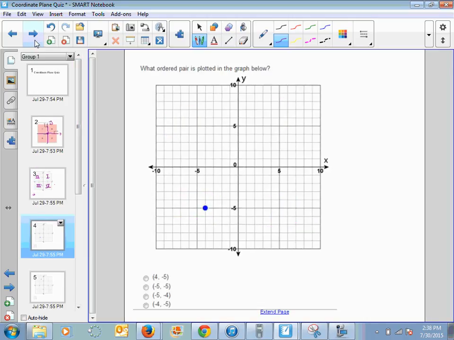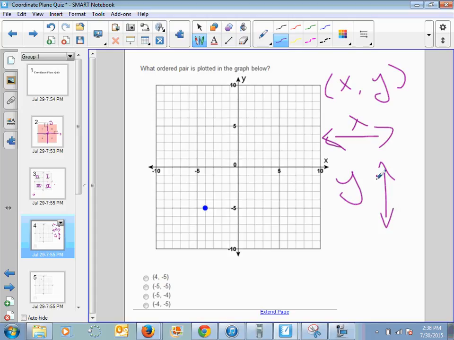Okay, what ordered pair is plotted in the graph below? A bit of review here. Remember, your ordered pairs are always written in the form of x and y. Your x's are everything side to side, and the y's are everything up and down, and x's are written first.